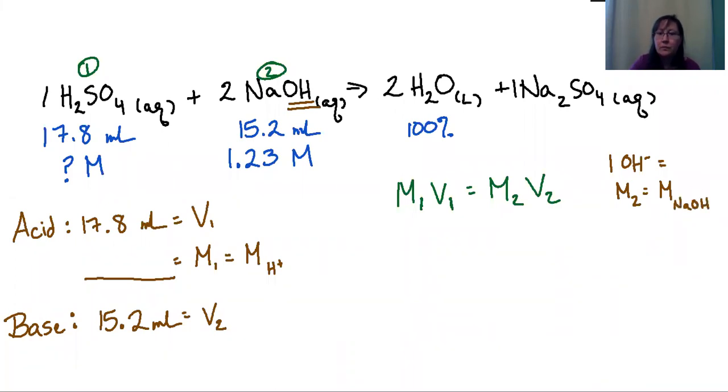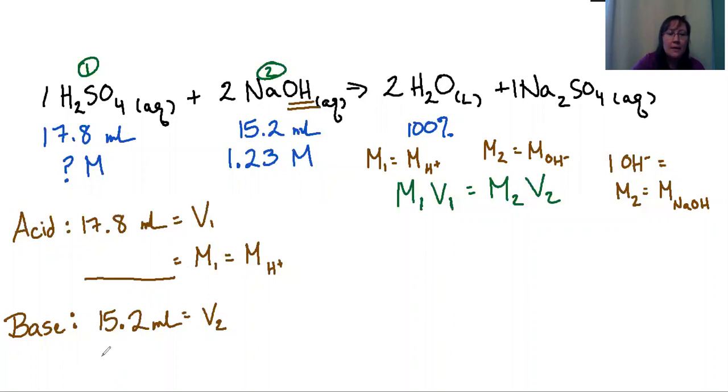If we had something like a calcium hydroxide that has 2 hydroxides, then that would change the molarity of our hydroxide, because M2 isn't the molarity of our sodium hydroxide, it's the molarity of OH minus ions. And M1 is not the molarity of our H2SO4, it is the molarity of our H plus ions. We'll come back to that in a minute.